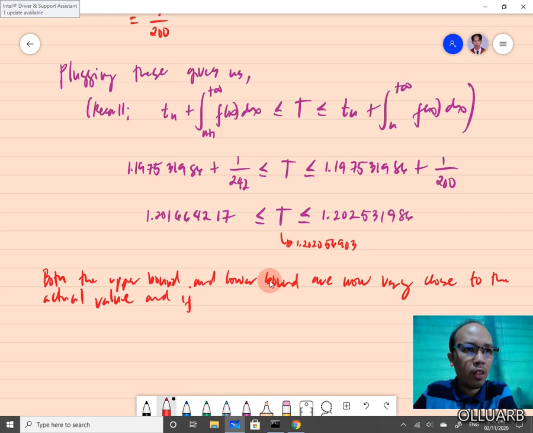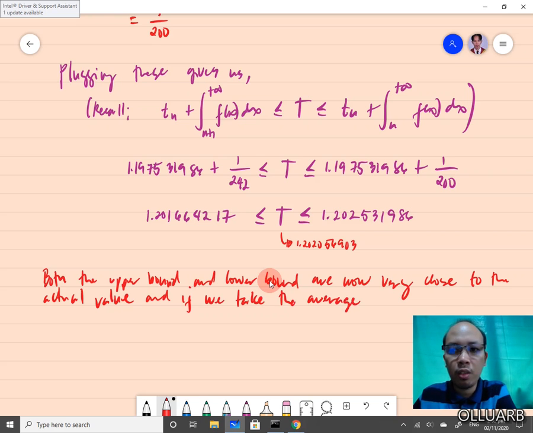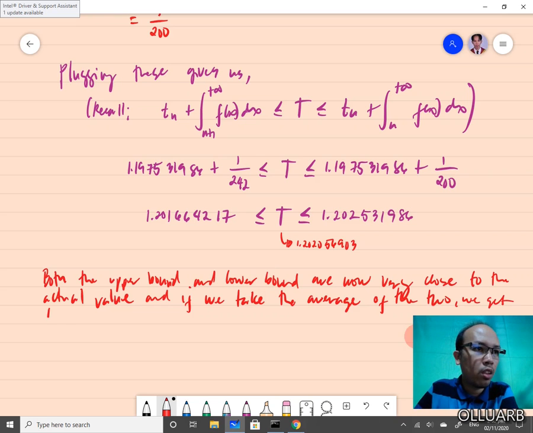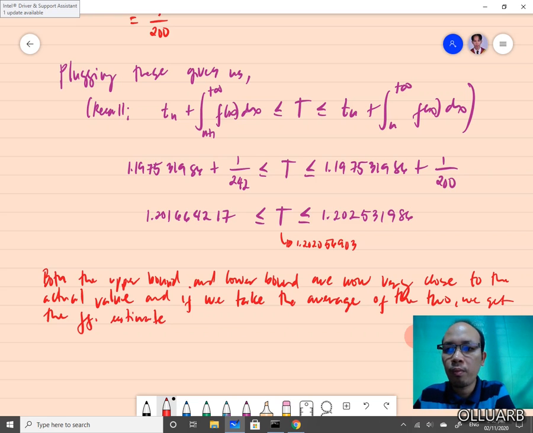And if we take the average of the two, we get the following estimate of the actual value.